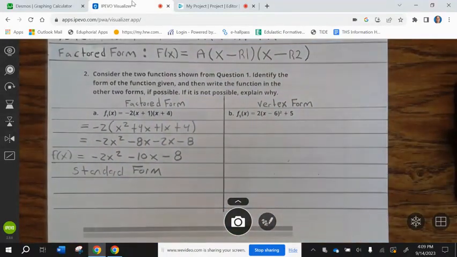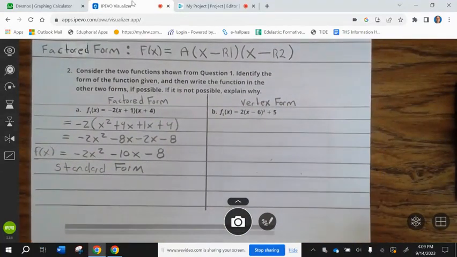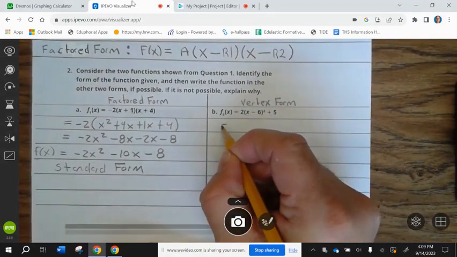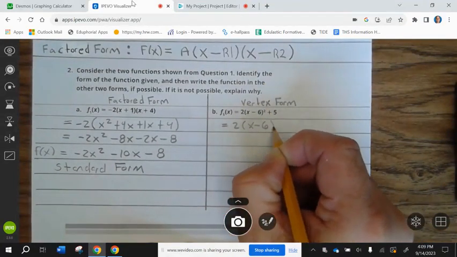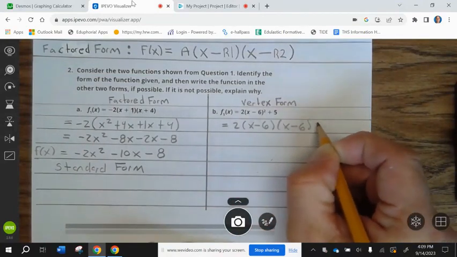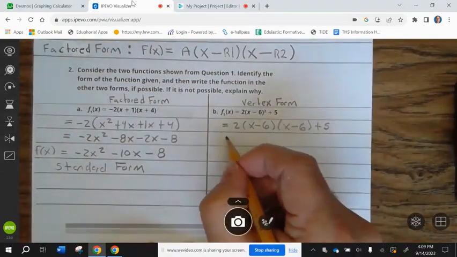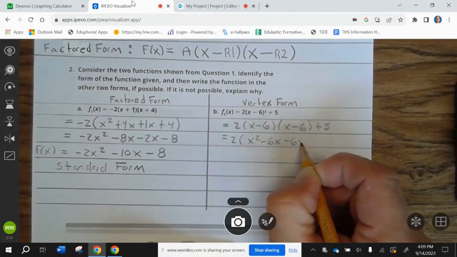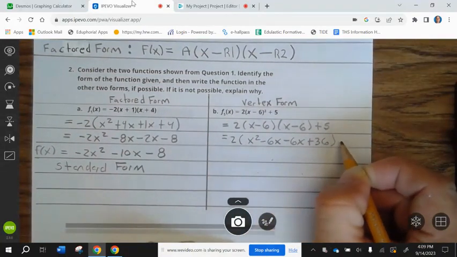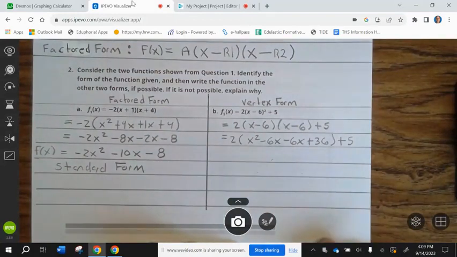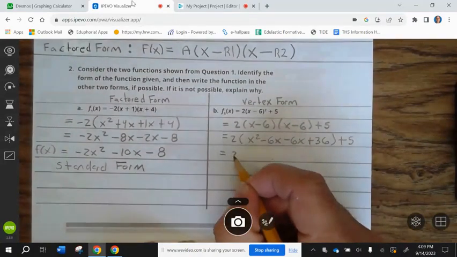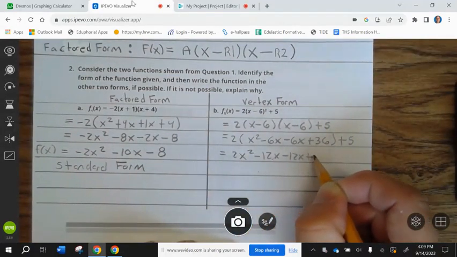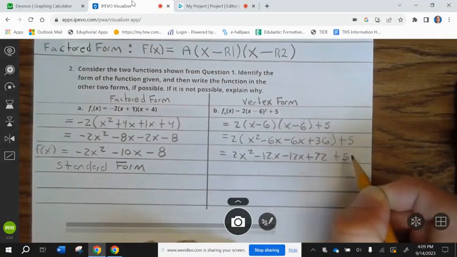Okay, let's take a look at B. So vertex form, we're going to turn into standard form kind of the same way. That's 2 parentheses x minus 6, x minus 6 plus 5, equals 2 parentheses x squared minus 6x minus 6x plus 36 plus 5, equals 2x squared minus 12x minus 12x plus 72 plus 5.